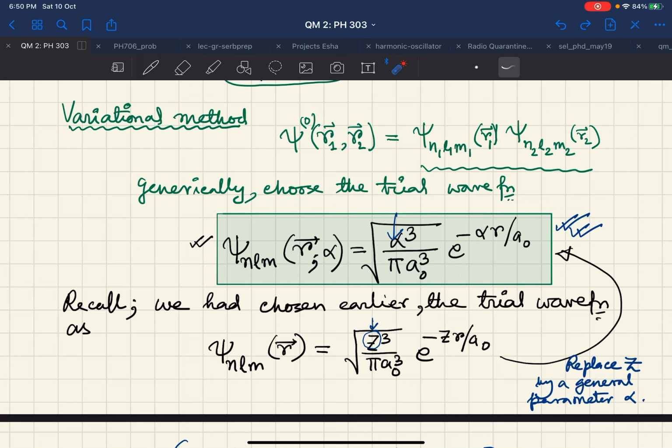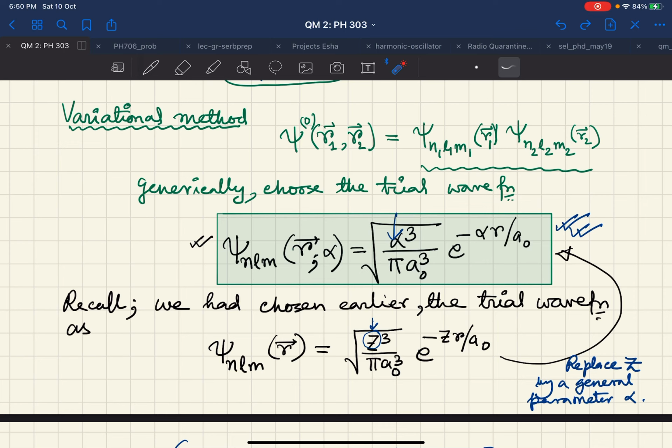We can tell immediately that this approach, what we have done, is nothing very complicated. Please try to understand that we had initially Z cubed by pi a0 cubed to the power half, e to the minus Z r by a naught as our trial wave function. Now what we are doing is taking these Z's and replacing them by the parameter alpha in this expression.